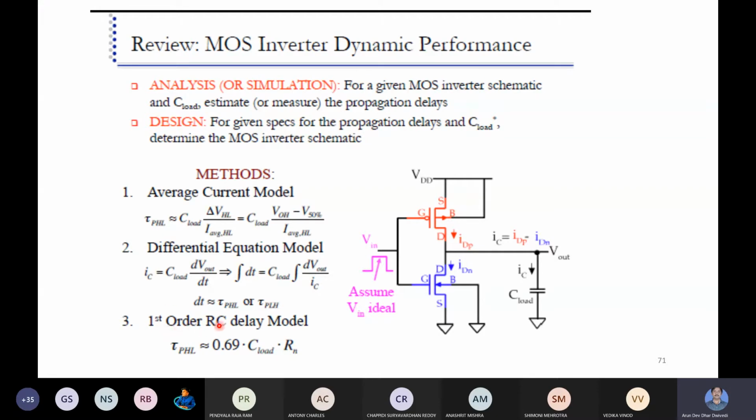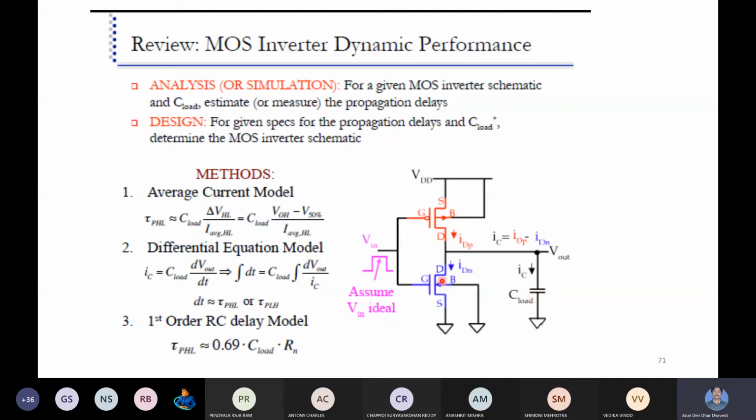Another method we can also use is the RC model, because the capacitor is charging or discharging. When the output goes from high to low, the capacitor is discharging, and when it goes from low to high, the capacitor is charging. So we can use the RC delay model, where we consider all the load, internal and external capacitance, as C load.